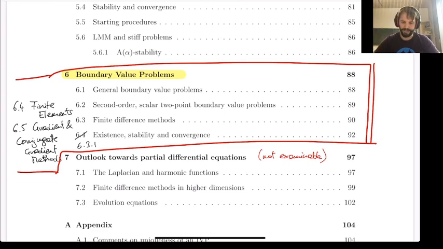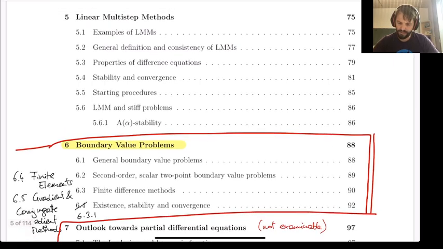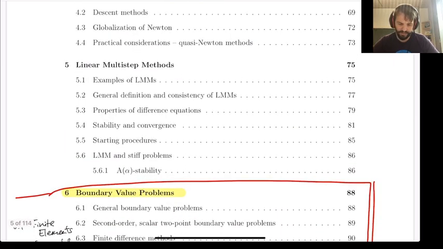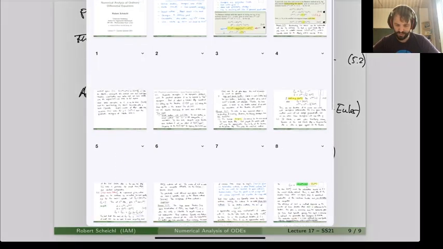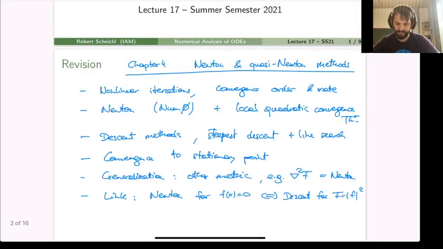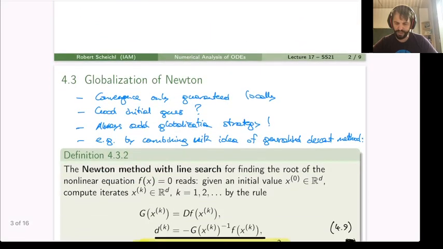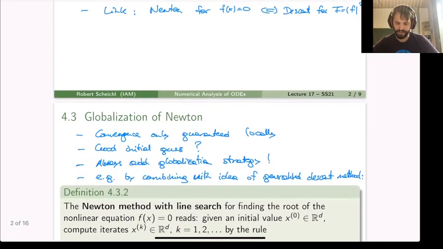So like I said, the videos we are looking at the moment are, I guess, 17 and 18. In 17 we were looking at the second part of the Newton chapter and then the beginning of linear multistep methods.